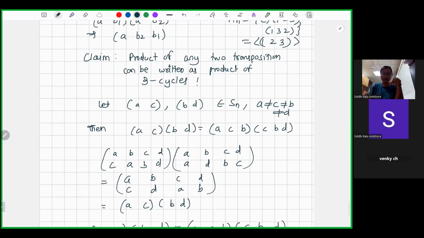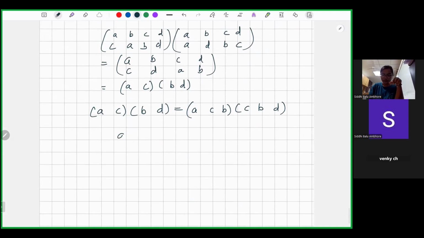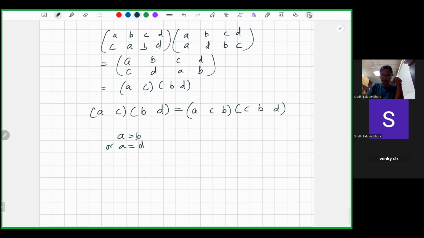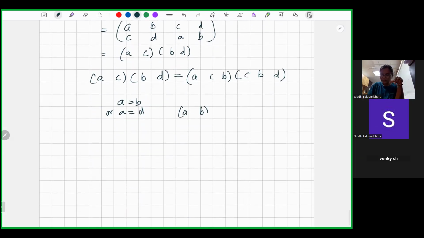to, I mean, if A is equal to B, or if A is equal to D, then this is A C, and if A is equal to B, then in this case I can just write this as (A D C).